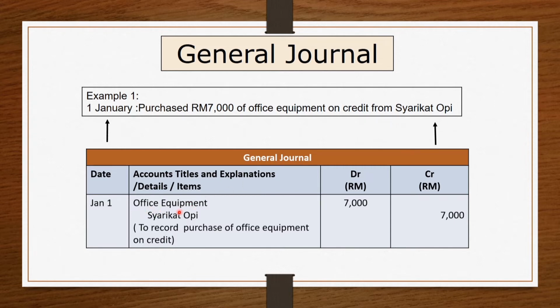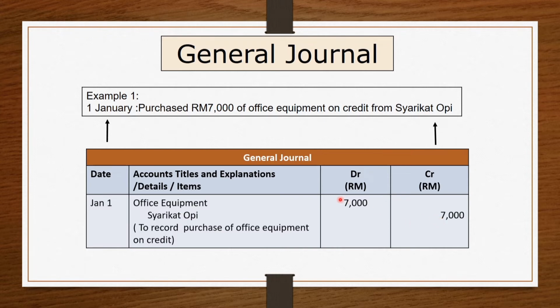So when we record in the general journal, we just write down the date, 1st of January. This is for debit side, office equipment, and the amount is 7,000. And in the second row, we must record the credit side, Syarikat OP. The amount is 7,000.